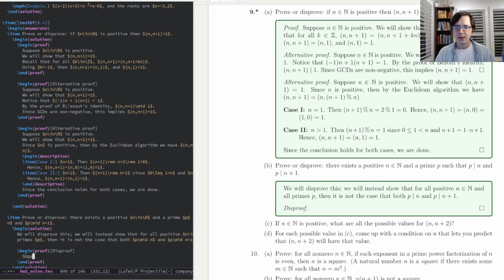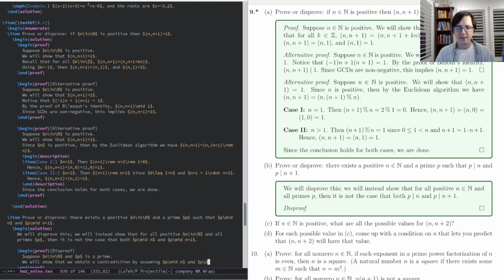Okay. So, suppose n is in the natural numbers and p is a prime. We will show that we obtain a contradiction by assuming p divides n and p divides n plus 1.